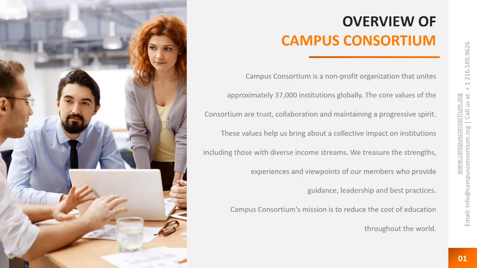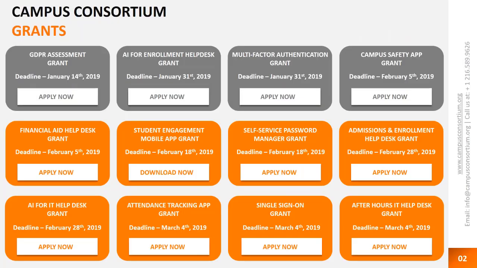Currently, there's quite a large number of members from throughout the world, about 35,000 colleges and universities from countries ranging from Australia to India to Singapore to the US and Canada that are part of the Campus Consortium membership. There's a series of grants that the consortium currently has active that you can apply for.